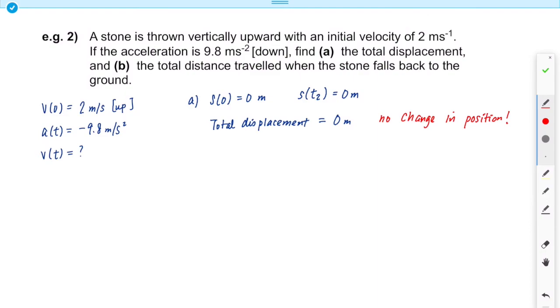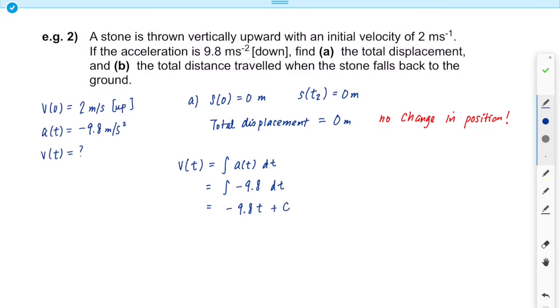Next, let's start by looking for v of t. I know v of t is given by taking the integral of a of t dt. I have the integral of negative 9.8 dt, which gives me negative 9.8 t plus c.